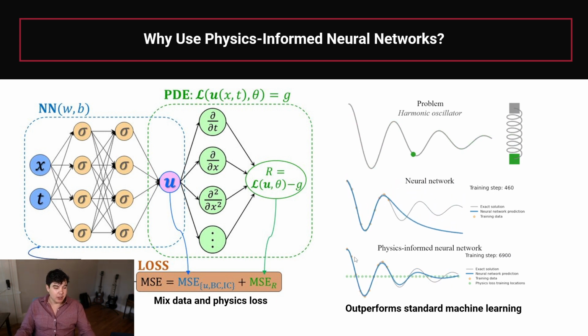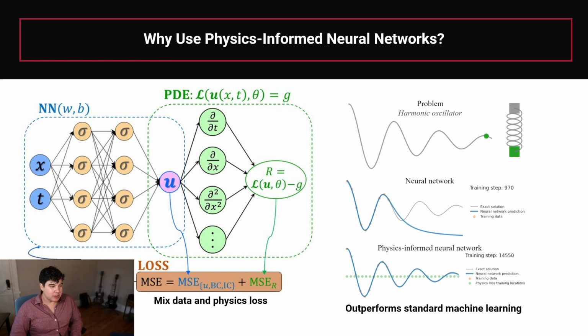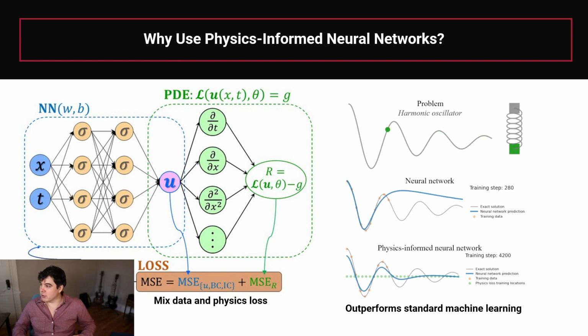In this case, the physics loss that you give it is the undampened harmonic oscillator, but you give it data points from the dampened harmonic oscillator, and it's able to predict in the future, down this time series, how to extrapolate how that dampened harmonic oscillator will work, right? It seems a little bit magical at first, but if you think about it in terms of amount of information, I think that it kind of comes together, right?